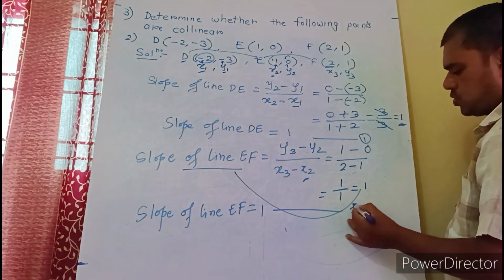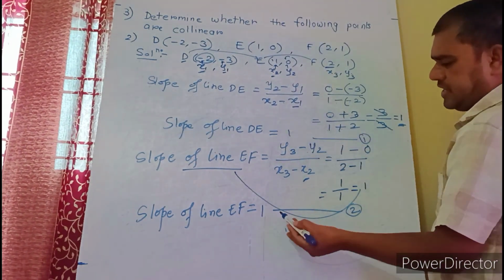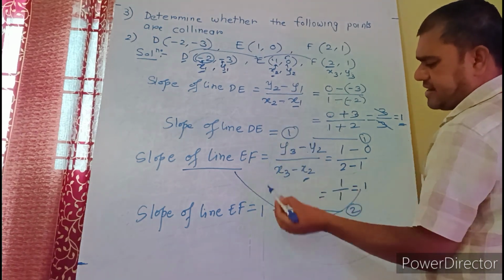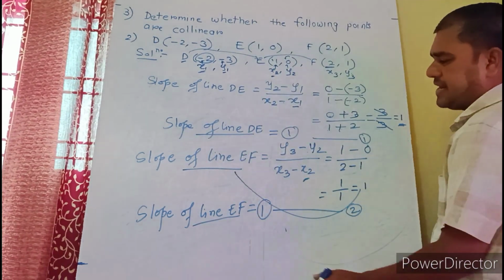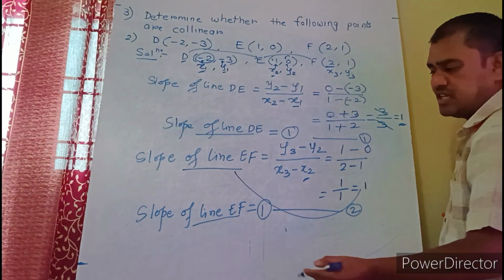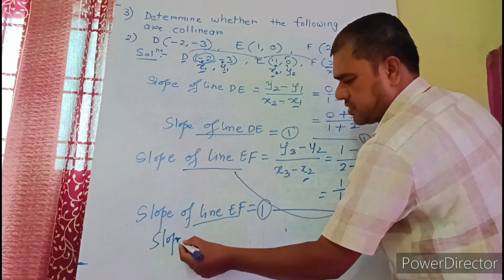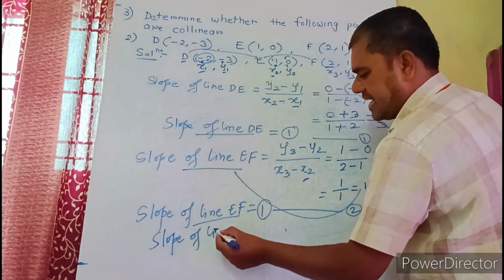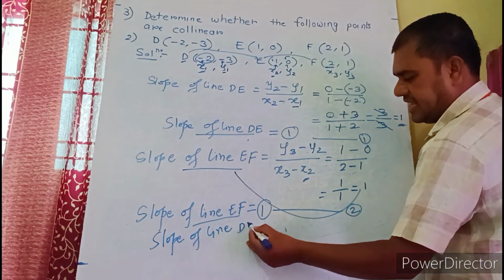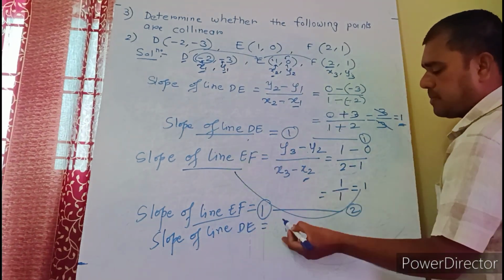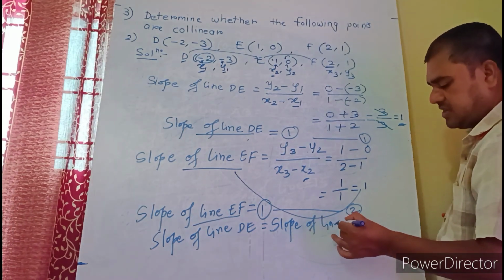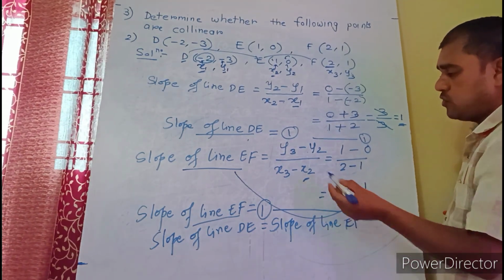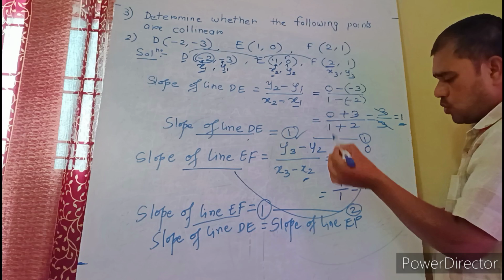That is number 2. On observing 1 and 2, we get the right hand side as 1. Therefore, the slope of line DE and the slope of line EF are both equal. Therefore, slope of line DE is equal to slope of line EF, and we get both the slopes as 1.